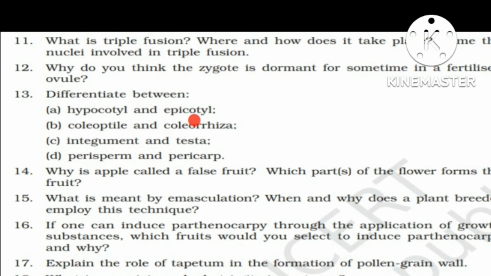Hypocotyl is a tissue that comes, there are two cotyledons like this, in case of a dicot embryo, and this is the embryo axis.